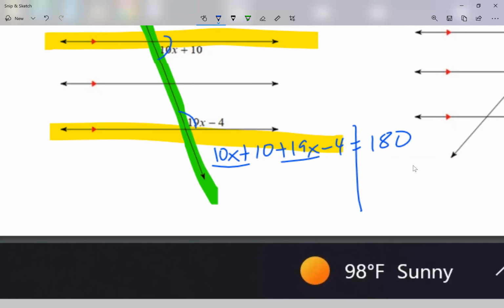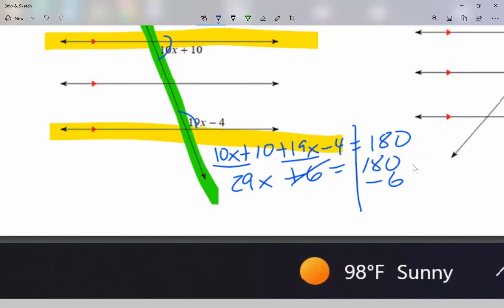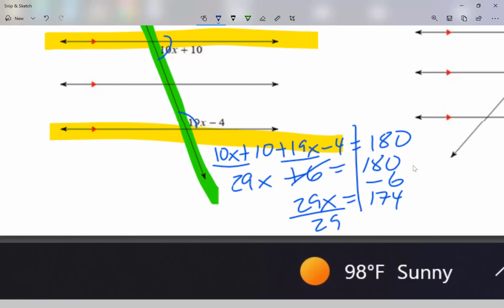In terms of x, 10 plus 19 is 29x. 10 minus 4 is 6. And this is equal to 180. I want letters by themselves, so this plus 6, let me move it over as a minus 6. 29x is equal to 174. Let me divide both sides by 29. 174 divided by 29 is 6. So x is equal to 6.